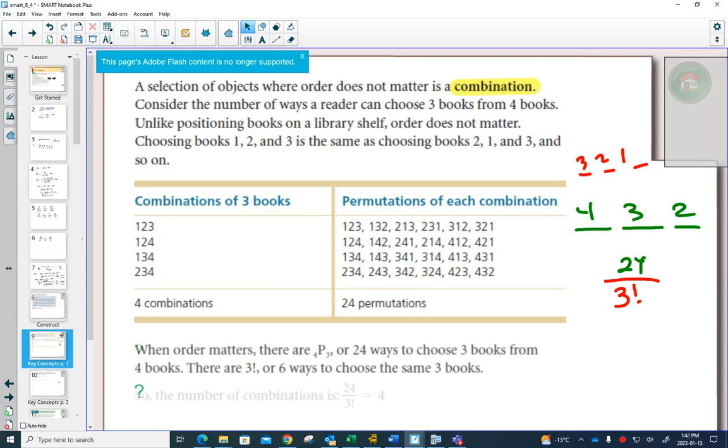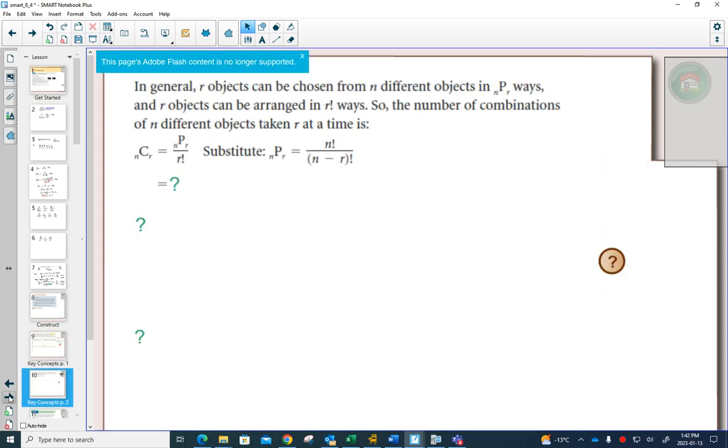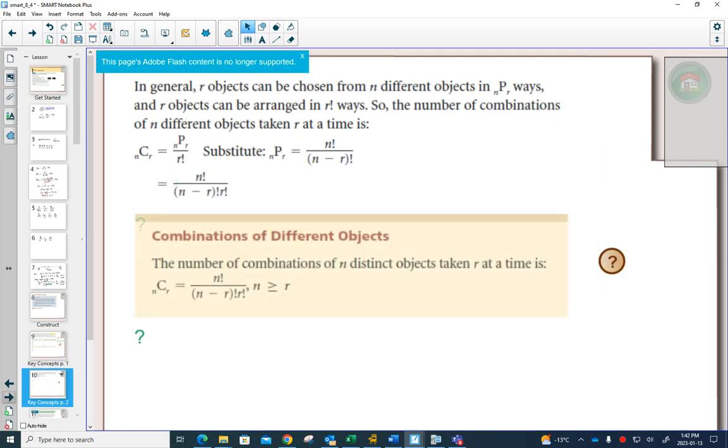So the formula for combinations, which is on the next page there, is just your permutations formula with the order divided out. However many things you have ordered, you are dividing by that additionally.